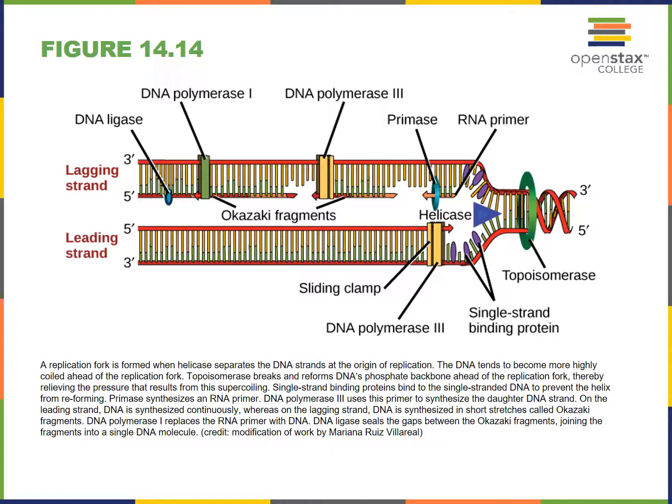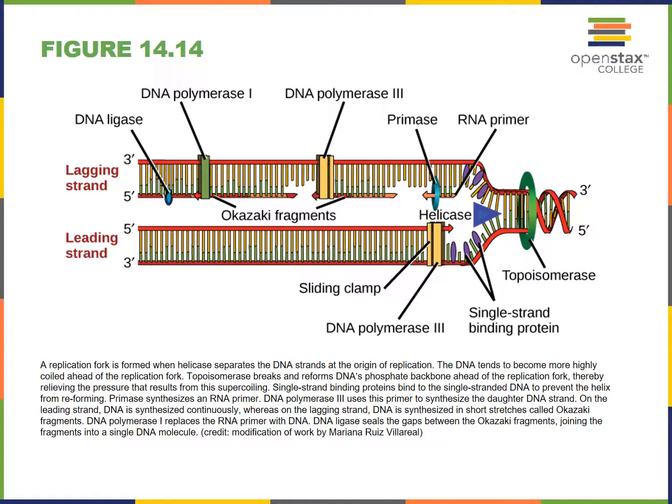So let's decode this image a little bit. Here they're not really showing you much of a difference between the template strand, or the parental strand, and the newly synthesized one.